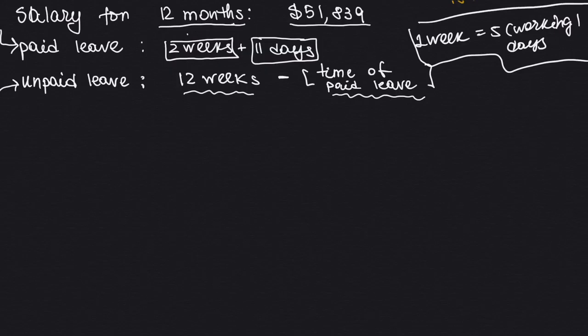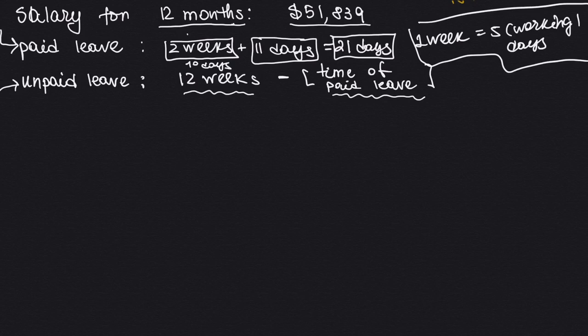So if we want to translate these units, the 2 weeks is going to be 10 working days. And if we add to that 11 days, we are going to have 21 days. Okay, so the 21 days are going to be paid leave.